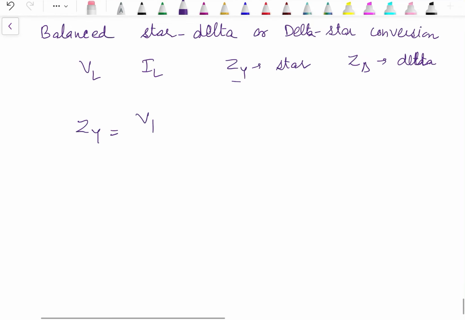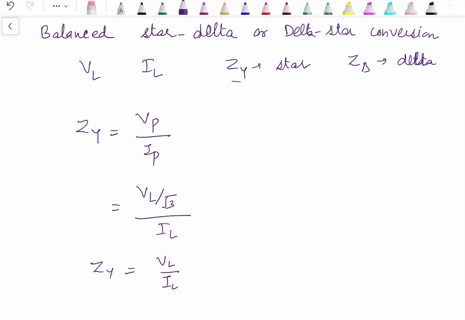ZY is actually Vp upon Ip. Vp is equal to VL by root 3. Ip and IL are the same. So Z star is VL by IL times 1 by root 3.